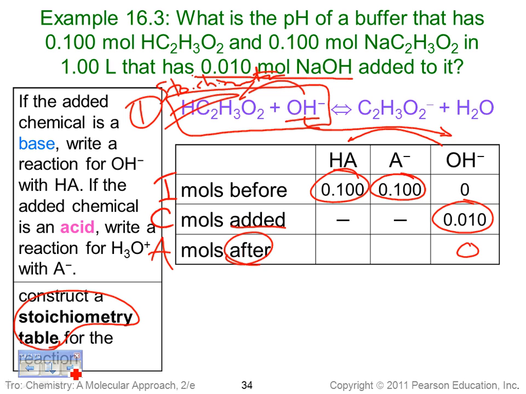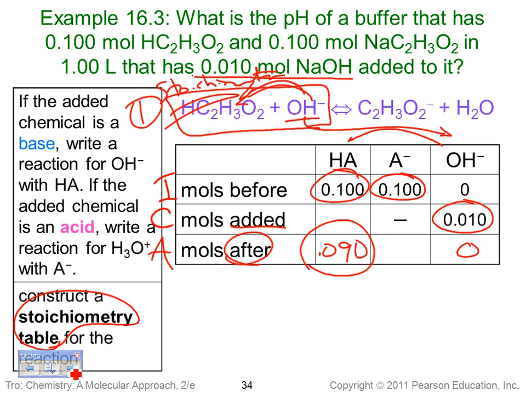So I ask you, if I start with 0.100 and I consume 0.01, how much do I have left? Okay, 0.09, and if you keep track of the figures, it's 0.090. That making sense?